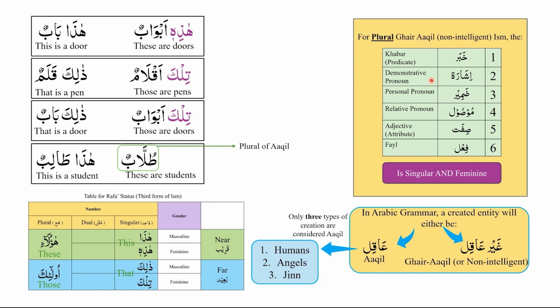So this rule will not apply here. We will say haulai tullabun. Tullabun being the plural of an aqil ism means that we do not need to apply this rule, and we will simply refer to our table for demonstrative pronouns, and we will pick the correct demonstrative pronoun, which is haulai, and the jumla ismiya will become haulai tullabun.